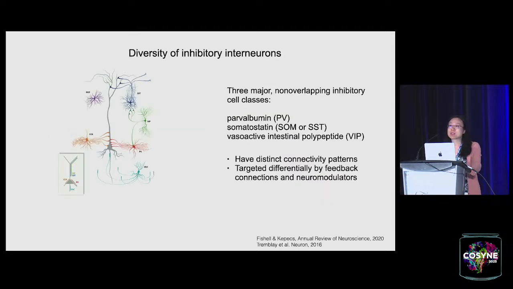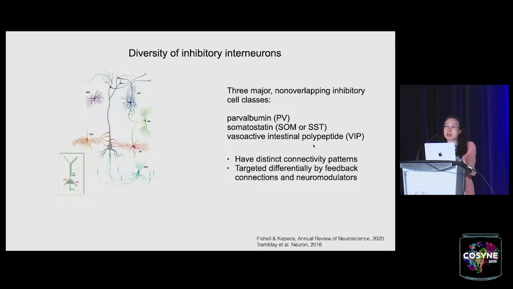It has been hypothesized that the inhibitory interneurons play a critical role at regulating state-dependent neural activity. Traditionally, neural network models only consider homogeneous populations of excitatory and inhibitory neurons. However, we now know that there's a huge diversity in the interneuron cell types. So here we consider three major interneuron cell types, and they are PV, SOM, and VIP neurons.